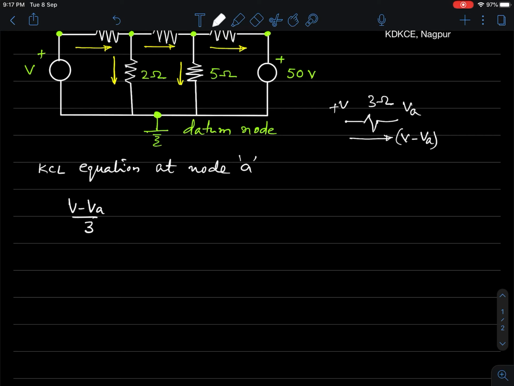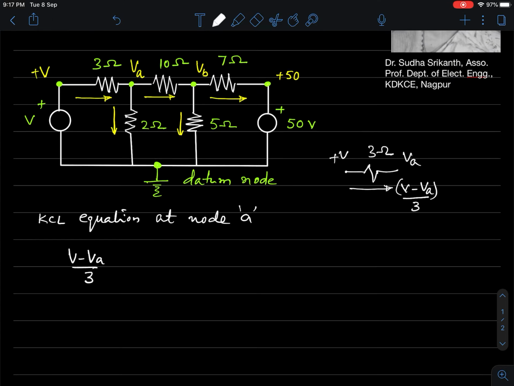The difference in the two potentials divided by the resistance is the current. Extending the same logic, this is the incoming current at node A. The two outgoing currents can be written as follows: the other current is VA minus 0 divided by 2. This is the current through the 2 ohm resistance.